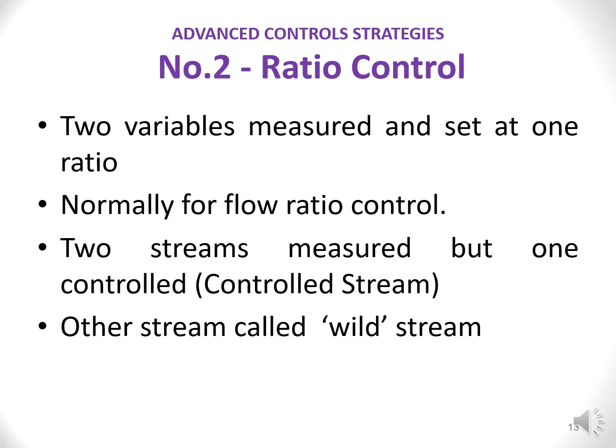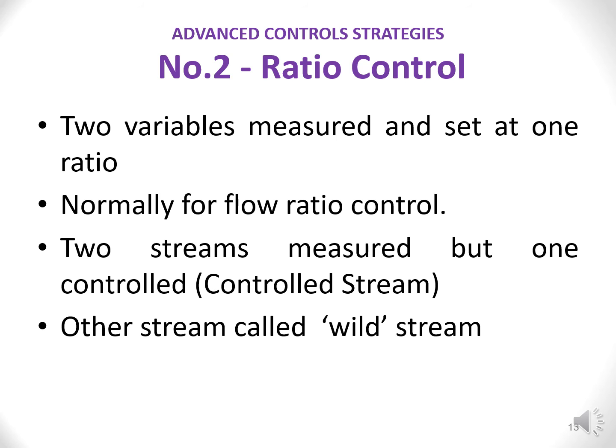Okay, so the second type of controller that we have under advanced conventional is what we call ratio control. There's nothing so difficult about this. Ratio control means that we want to have two variables at a certain ratio between them.